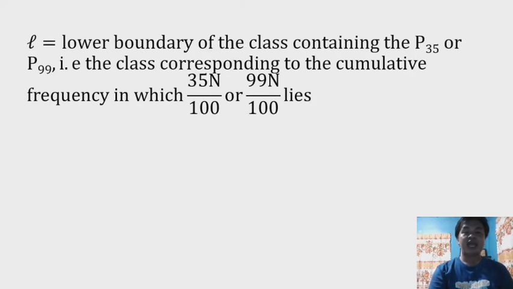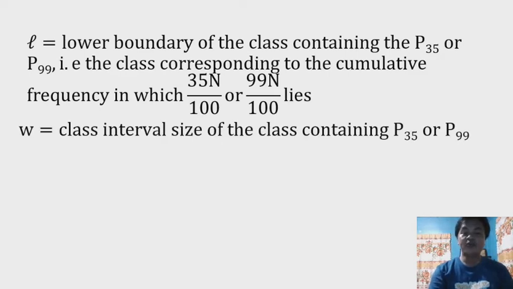Alamin naman natin ang mga ibig sabihin ng symbols doon sa formula. L is the lower boundary of the class containing the 35th percentile or 99th percentile. For example, the class corresponding to the cumulative frequency in which 35n over 100 or 99n over 100 lies. W is the class interval size of the class containing the 35th percentile or 99th percentile.